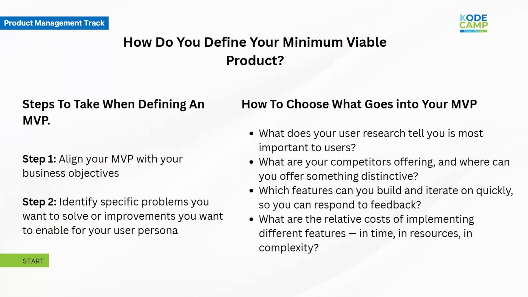Now, notice that I said specific, because with MVP thinking, we are not trying to deliver the entire product vision, right? We're not trying to solve every single user problem at once. That comes later, if and when we validate the concept.